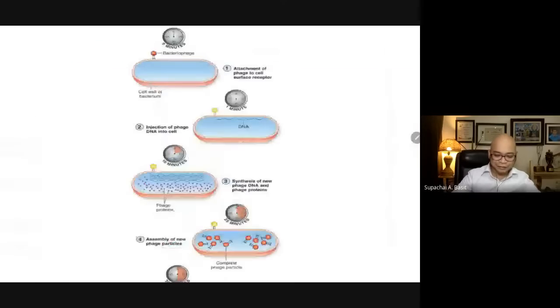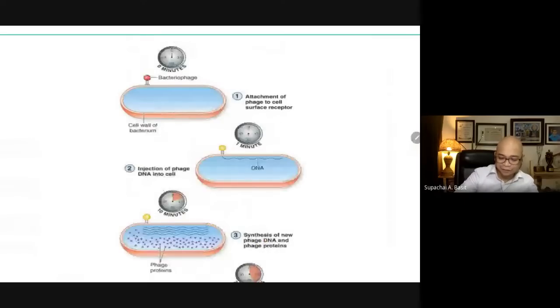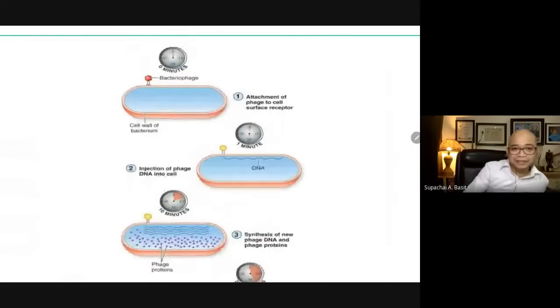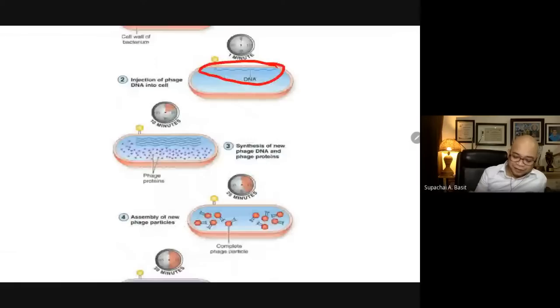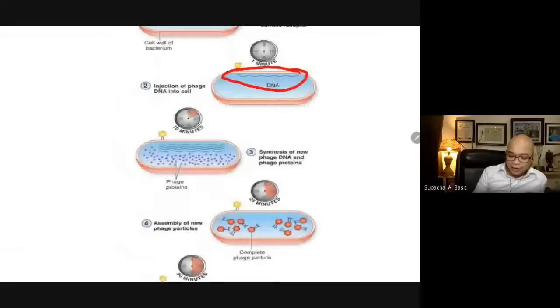The first step is the attachment of the phage to the cell surface receptor, wherein the DNA is inserted into the cell. The second step is that the bacteriophage will now start to synthesize new phage DNA and phage proteins.